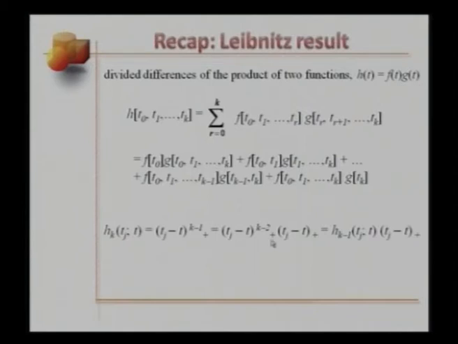This expression here is h sub k minus 1 of tj colon t, and this expression here is simply tj minus t truncated.